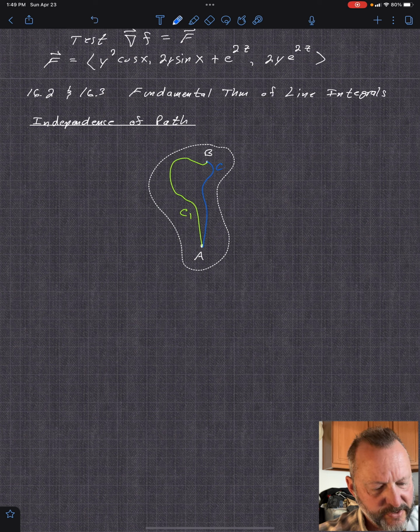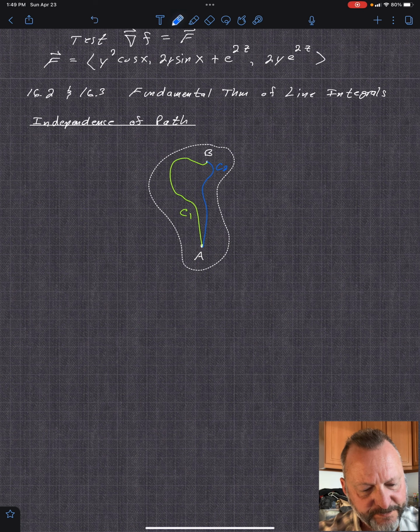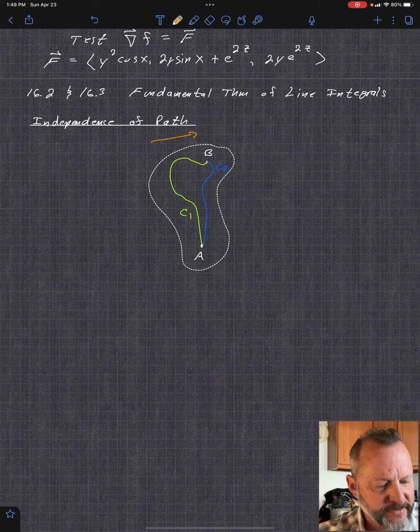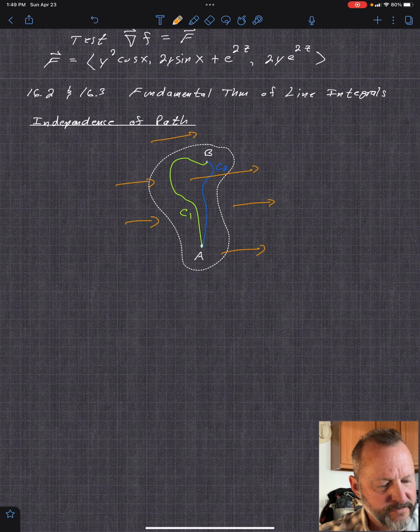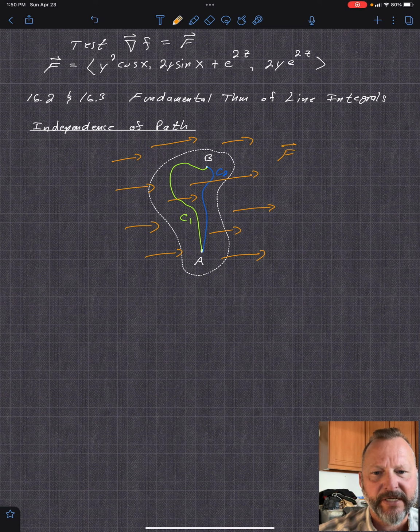Essentially, the integral, which might be like work, if you have a vector field, so you have to picture a vector field coming through this. I'm just going to draw an idea. So that's your vector field F. This always pertains to vector fields. When you think vector field, you have to have something in mind.